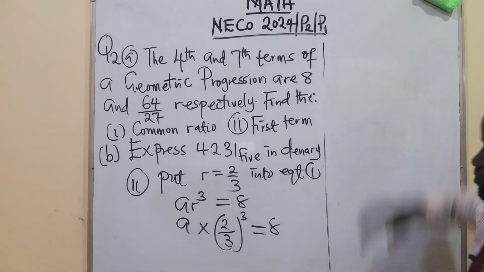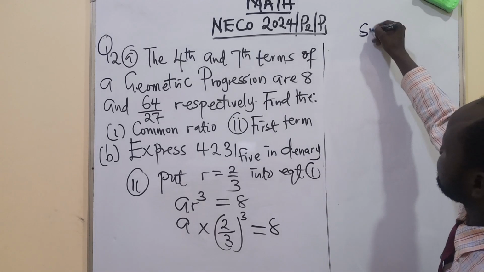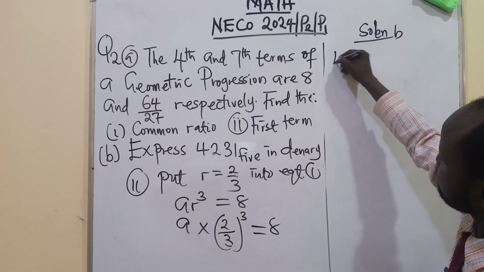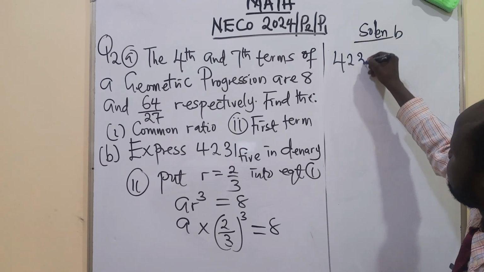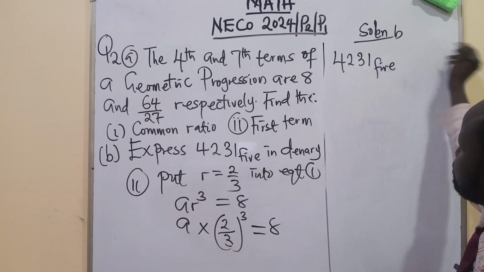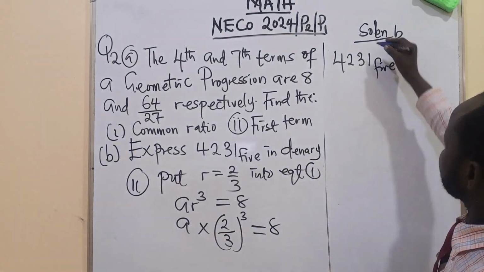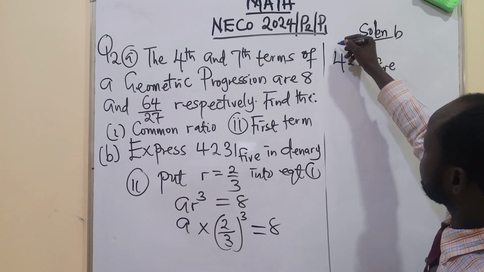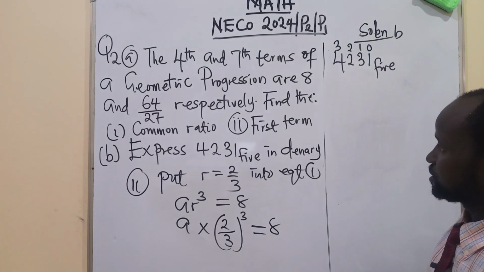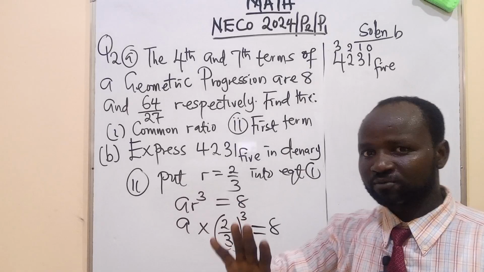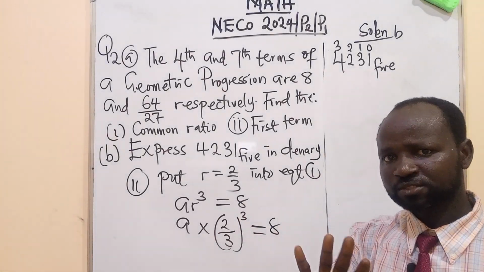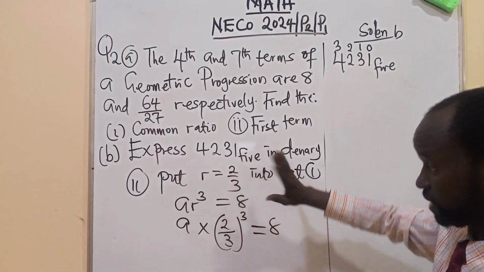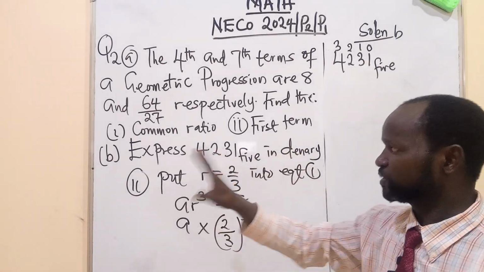For b, we are asked to express 4231 in base 5 to base 10. The first number here will have a power of 0, next 1, next 2, next 3. To convert from any other base to base 10, we can use two methods, either the expansion method or the repeated multiplication method.